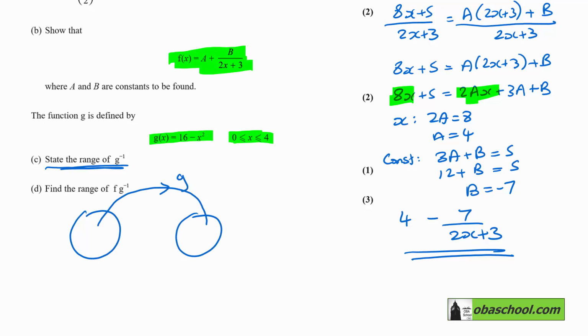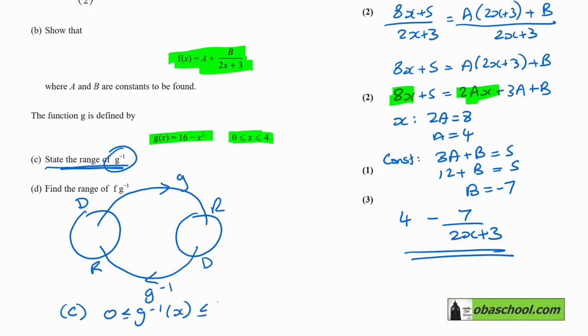If this is g, and this is the inverse of g, then for g, this one is the domain, this one is the range, which means this is the domain and this is the range. So the range of the inverse is the domain of the original function. So for part C, we can just say g inverse of x is between 0 and 4. It's the same as the domain of the original function.